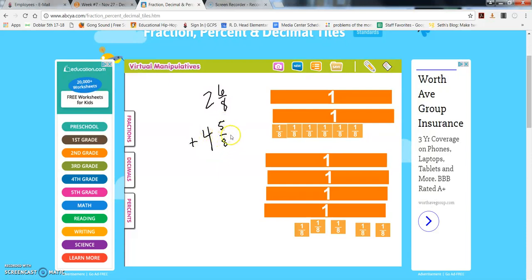What happens now is when I combine, I have another whole. I'm going to start adding my pieces together, and when I get up to 8/8, I have a new whole. So now I have 1, 2, 3, 4, 5, 6, 7 whole pizzas.